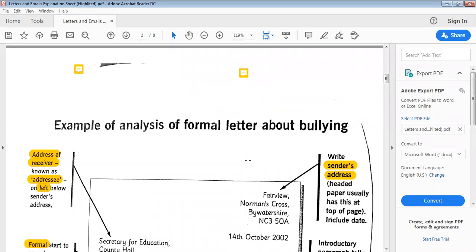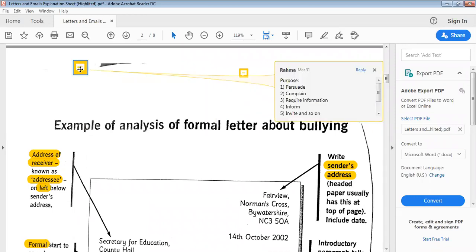There can be a lot of purposes for writing a letter, okay? It can be to persuade, to complain about something. You bought a product, for example, and you're not happy about it, so you write a letter to complain to the manager or to the manufacturer, the person who made this product. You can write a letter to require information.